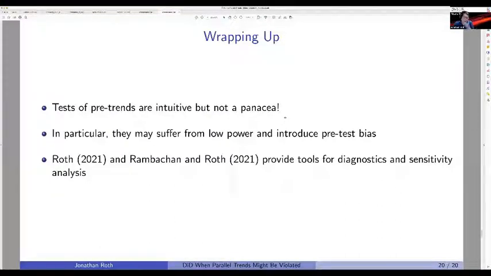The last thing I want to add is that I've talked to you today a lot about statistical tools, but I think these statistical tools interact really nicely with people bringing economic intuition to bear on the problem.